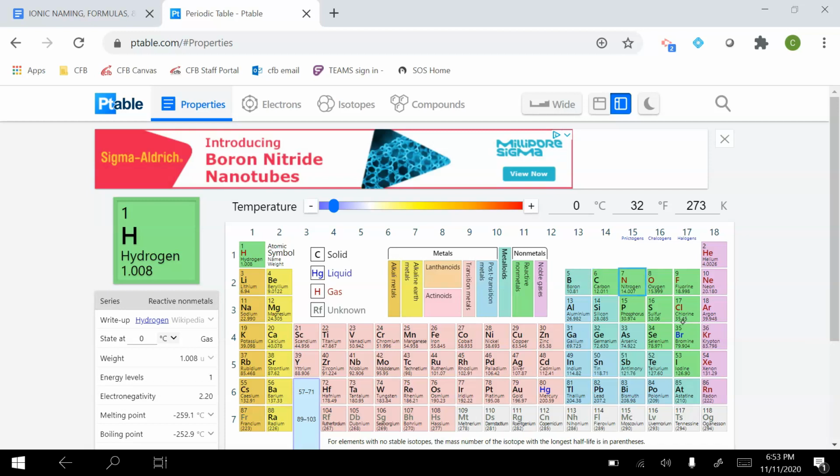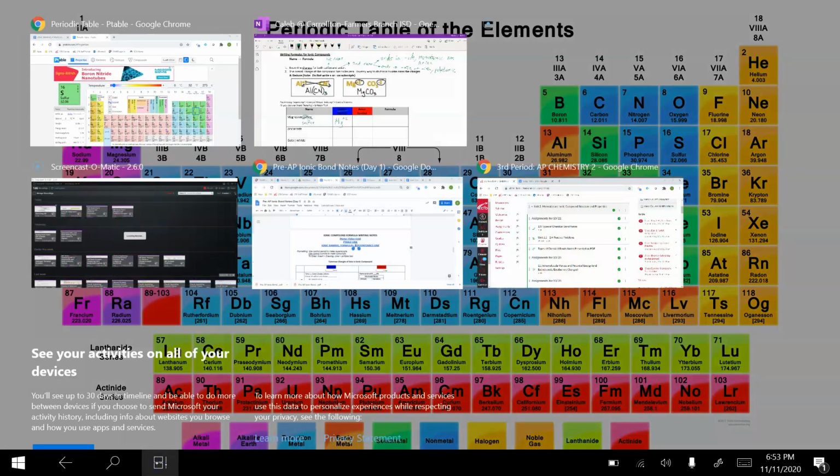So 4, 3, 2, 1, counting from carbon. Those are our negative charges. Or if you're counting from the noble gases, they are 0, and then -1, -2, -3, -4. Anyway, sulfur has a -2 charge, and that's what we're looking for.